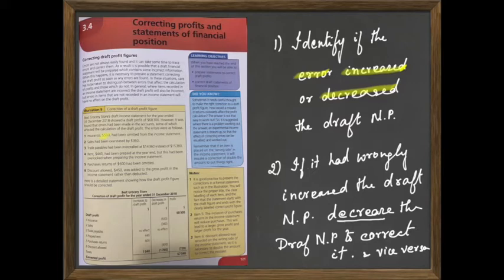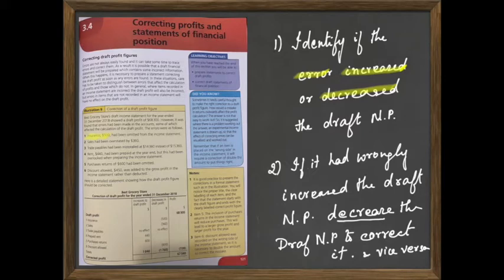So $500 has been omitted, in the sense you did not record this expense, the expense of insurance. So when this expense was not recorded in the income statement, what do you think would have happened to the draft net profit? Has it been increased or decreased?